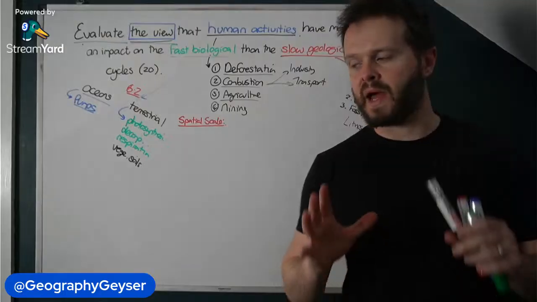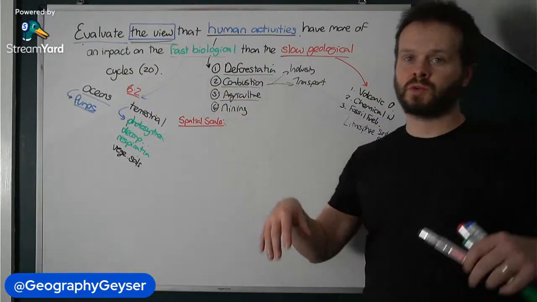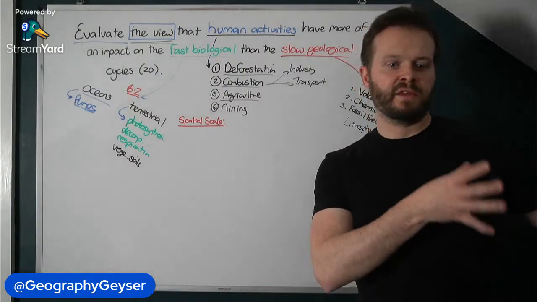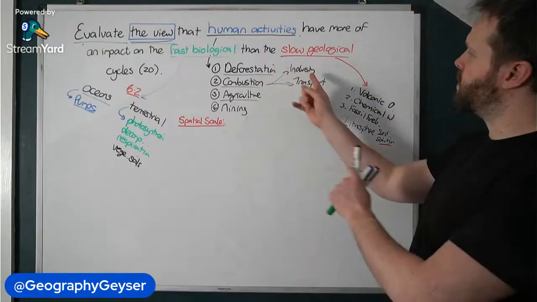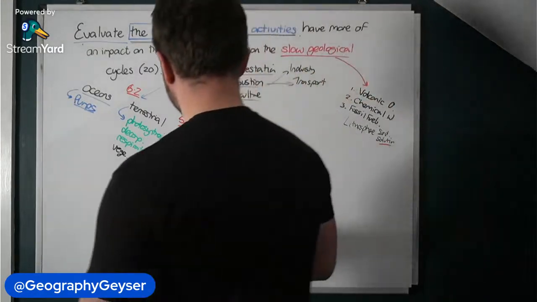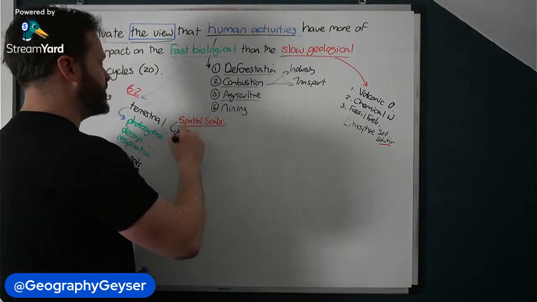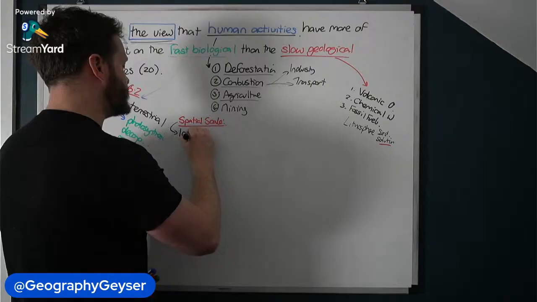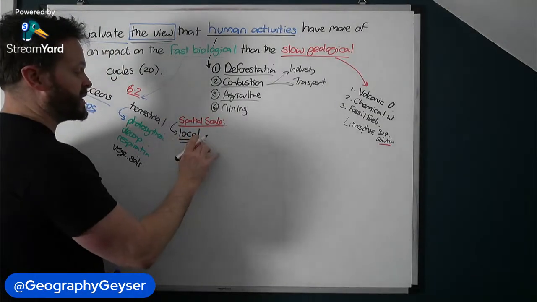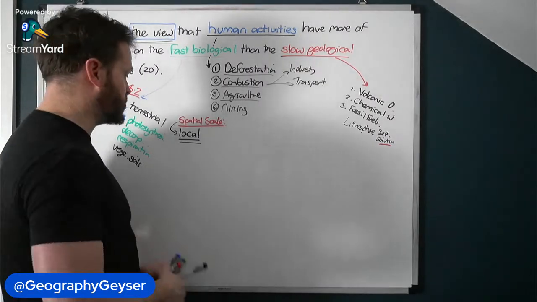So the only perspective that we've considered this argument from so far is that we've just done it based on numbers, really. The number of ways in which we impact the fast biological cycle, the number of ways in which we impact the slow geological cycle. All right. So if we go on spatial scale, what we've probably done there is we've considered that it's probably most important when we consider our impacts at the local scale. Yeah, at the local scale.